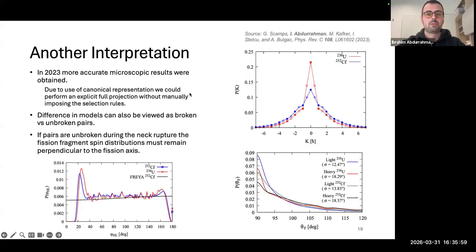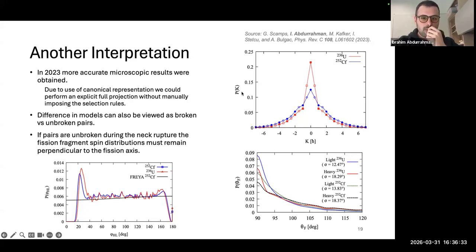At a later time, we were able to finally do the full projection, and the big advancement was that we realized we can go to the canonical representation to cut a lot of the states from our system. So it's a bit of a technical detail, but this is actually our new prediction in the bottom left, which still looks different from the result from Freya, but is a bit more similar. It gets a bit closer.